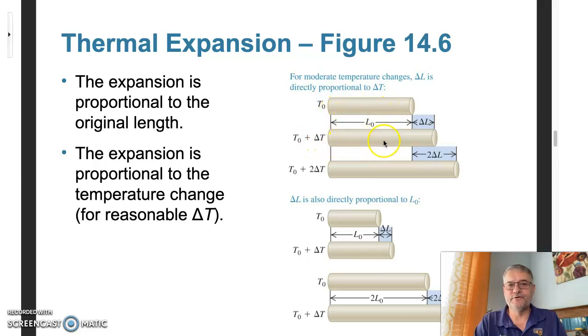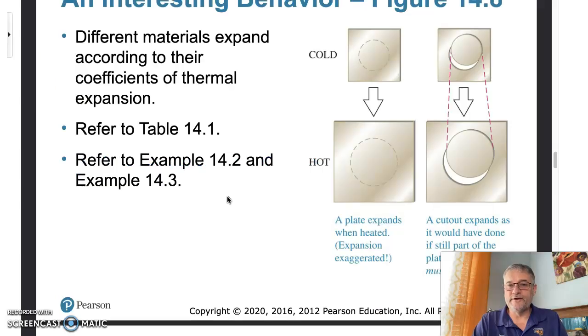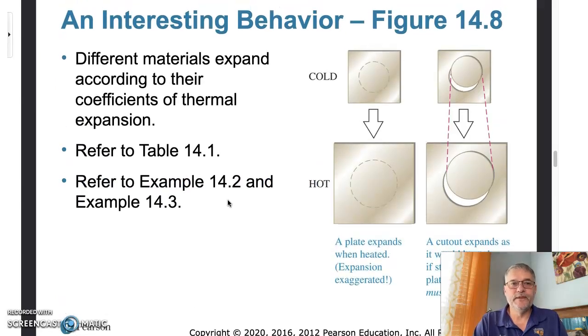When temperature increases, you have this length. And when you have a change of temperature even greater, it's going to go this length. And so things do expand when they're heated, and also contract when they're cooled as a rule.